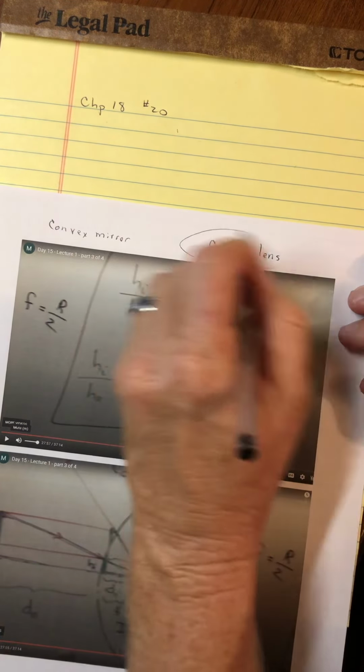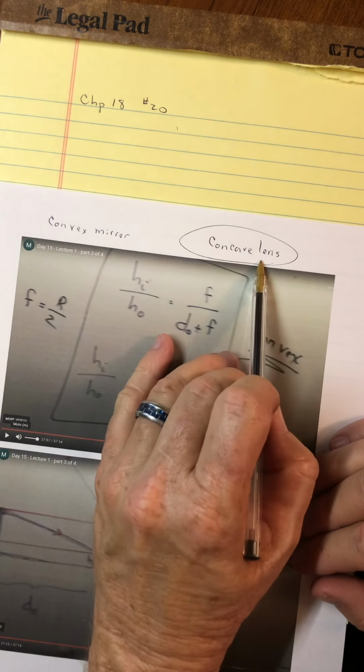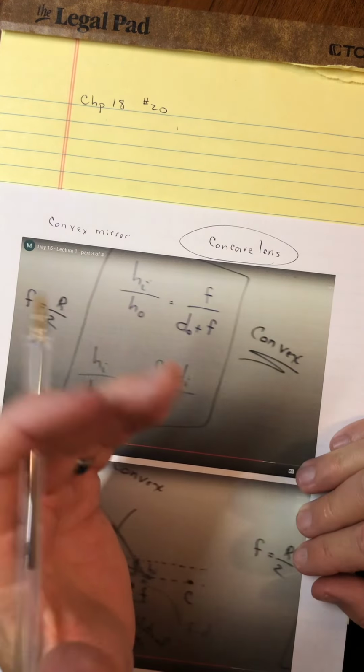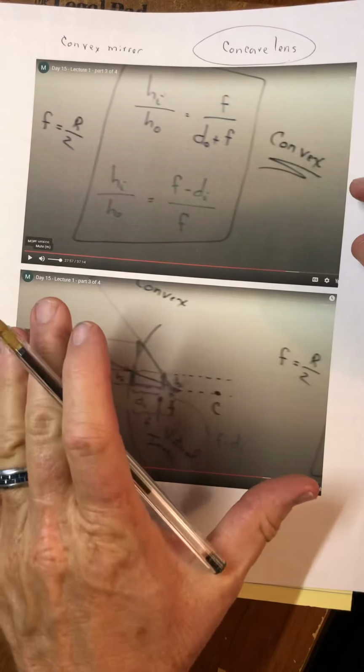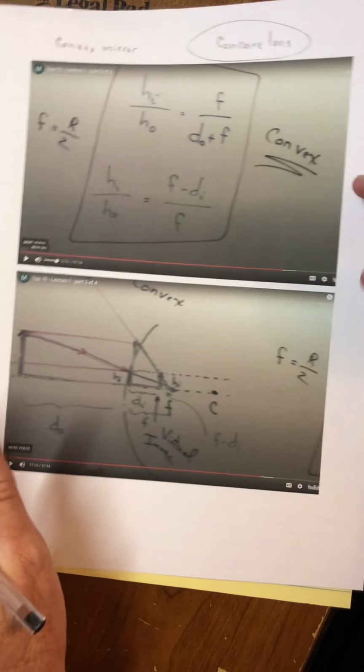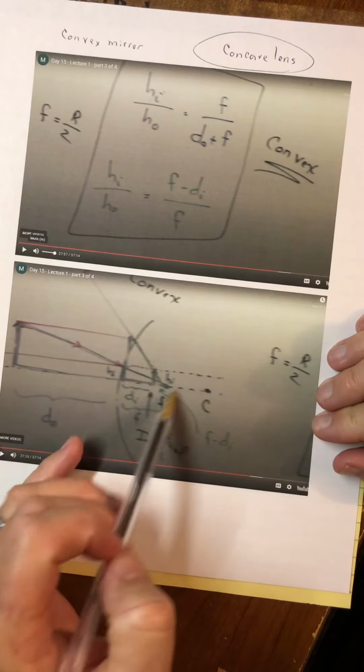Let's read the problem. As I read chapter 18, number 20, it says right away, diverging lens, and so maybe that could be a little bit of a sticky point to realize that the concave lens is also called the diverging lens, but this then is the scenario we would want. Now, I noticed in the video I went ahead and drew the rays.